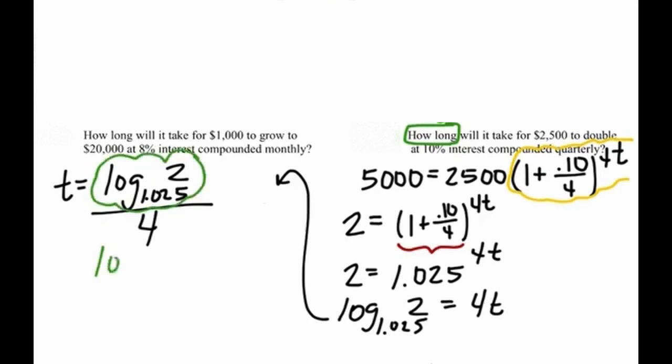We'll enter it as the log of 2 divided by the log of 1.025 using our change of base property. And our final answer then should be approximately 7.02 years. As I said before, definitely try it on your calculator to make sure that you know how to use your calculator on these types of problems.